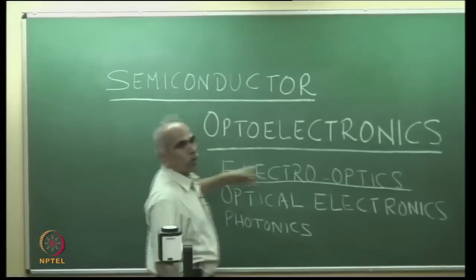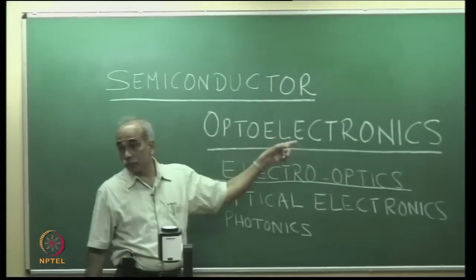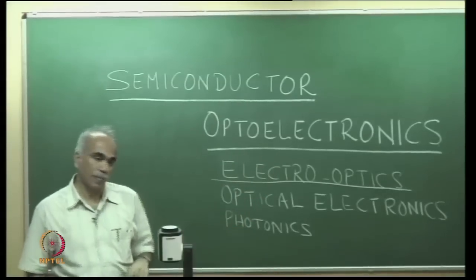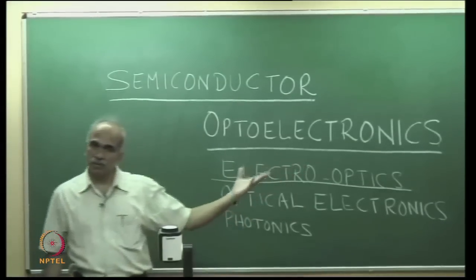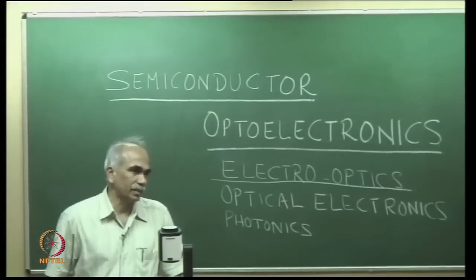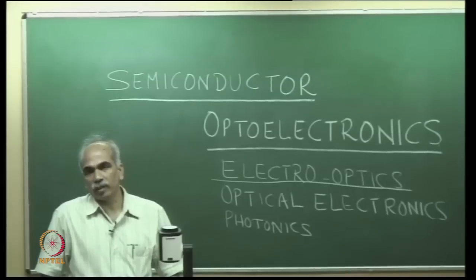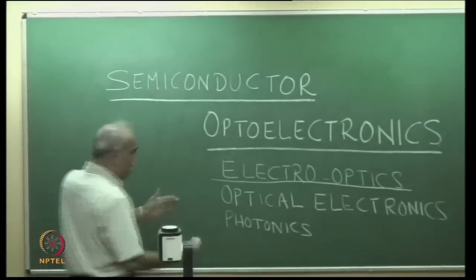Electro-optics refers to optical systems and optical devices. Optoelectronics refers to electronic devices and electronic systems. There are similar terms.